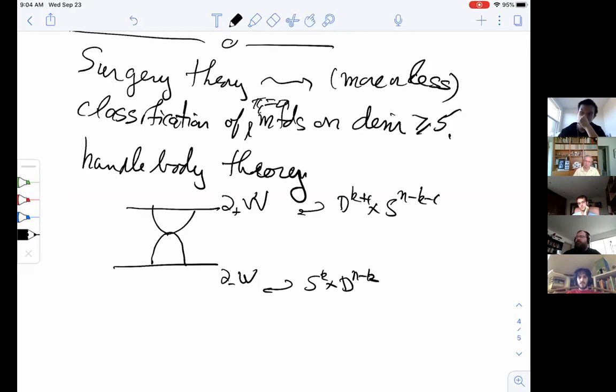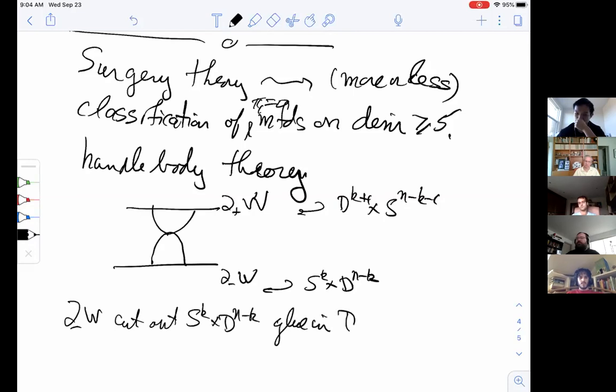If you take these tubes around spheres out, the complements are diffeomorphic. And what you've done is exchange this product for this one using the identity maps on the boundary. So you take boundary minus W, you cut out an S^K cross D^(N-K), and then you glue in a D^(K+1) cross S^(N-K-1).